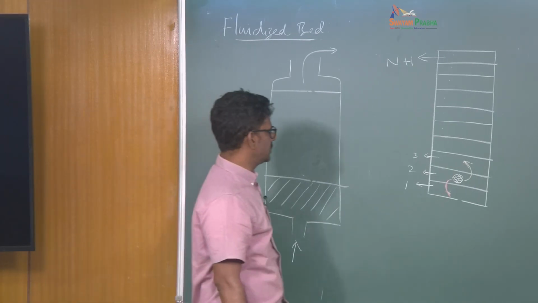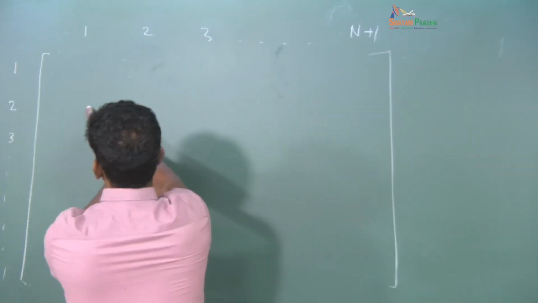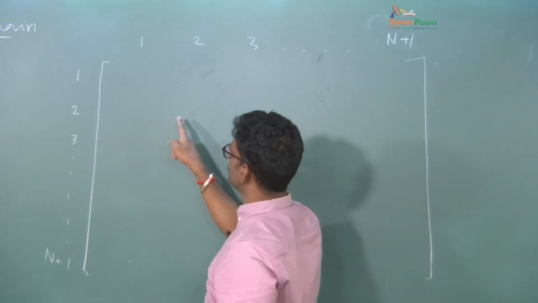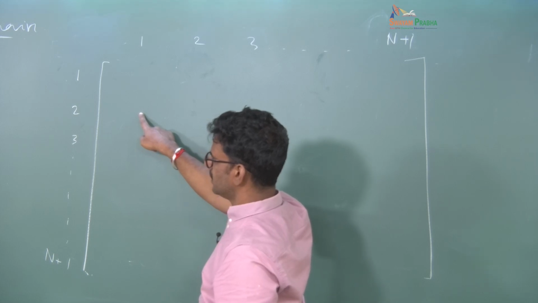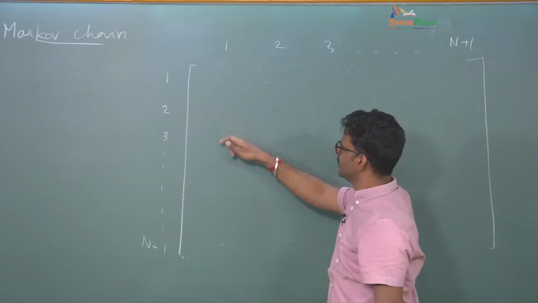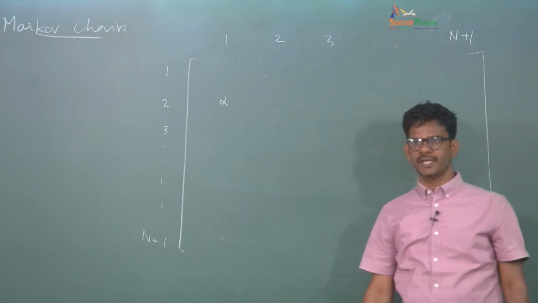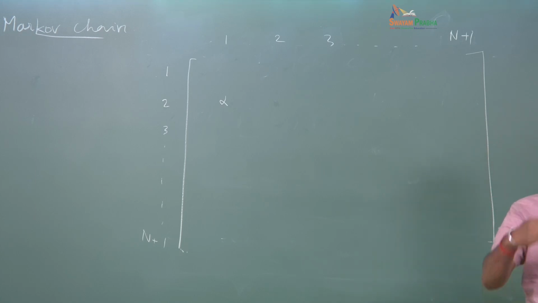So I have state 2. From state 2, it can go to state 1 or it can go to state 3. Those are the two probabilities. From 2 to 1, that would be going down, and we will consider that as alpha. The probability for it to jump down is alpha, because of the gravitational force.